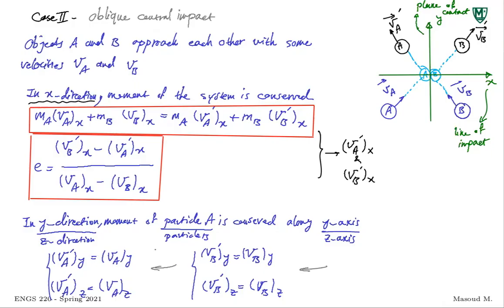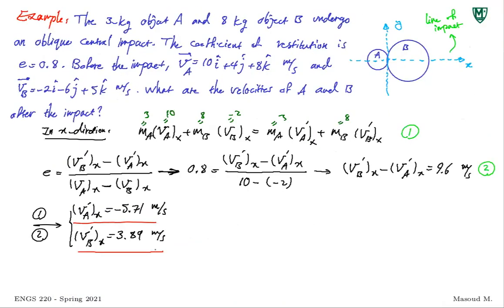So if what I'm asked to find is the velocities of A and B, I know the x component of velocities after the impact, and I know the y and z components because they are the same.